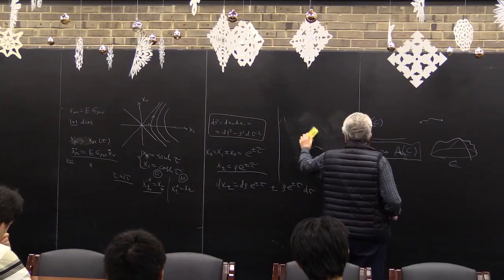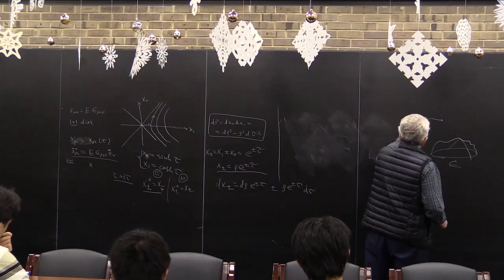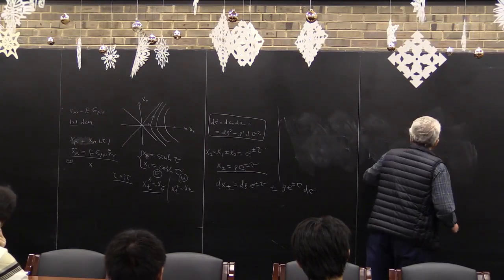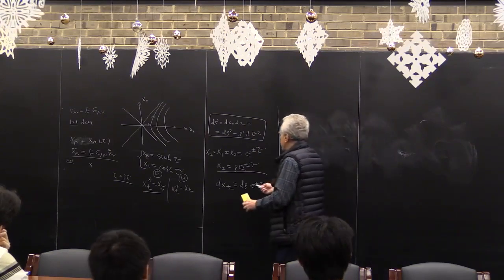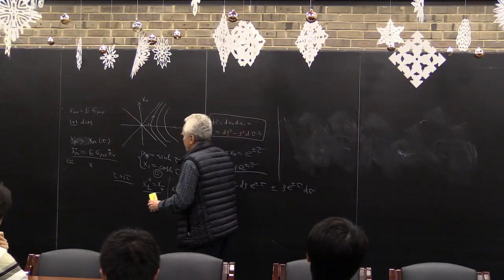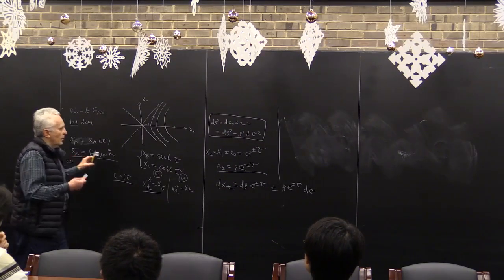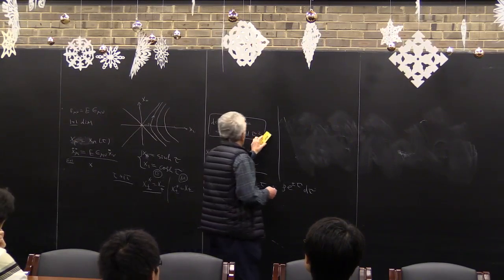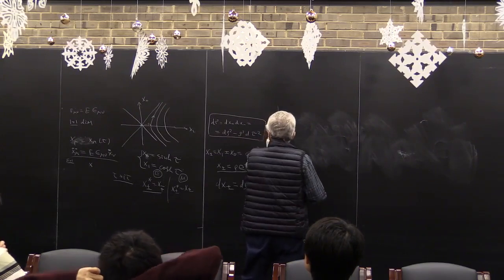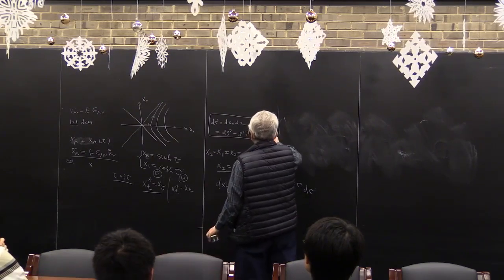Now there's one more interesting thing about this. So this is the Minkowskian version of polar coordinates, and I also can write it down in this way.